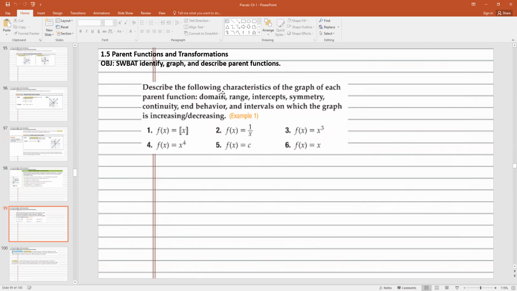They're all going to be different. If you want to, you can just look at the graphs there. Here, I'll do 2. If you want to try 3. For this one, let's do the domain and range first.